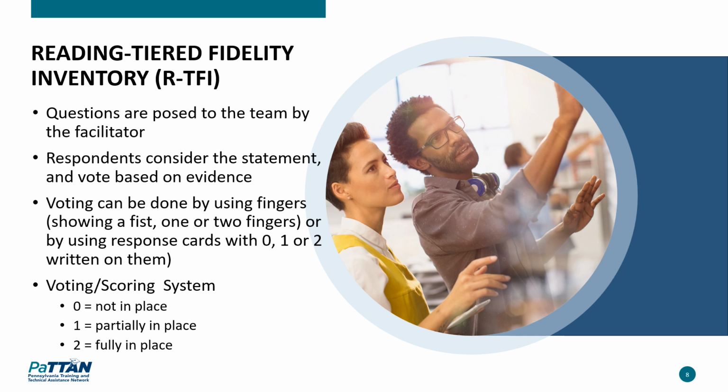The voting is based on a 3-point scale, 0 being not in place, 1 partially in place, or 2 fully in place. Voting can be done either by using fingers to demonstrate a respondent or team member's vote, using a fist, 1 or 2 fingers, or response cards can be used.